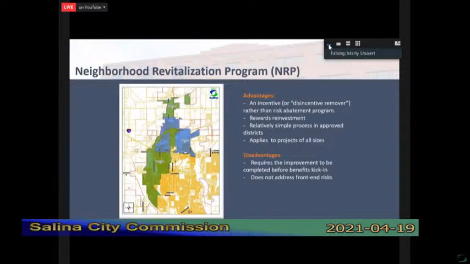The disadvantages are that, again, it requires the improvement to be done before the benefits kick in, and it doesn't address the front-end risks that really are the biggest immediate issue that we need to worry about right now. But nevertheless, a useful thing that Salina and other cities in Kansas have at their disposal.